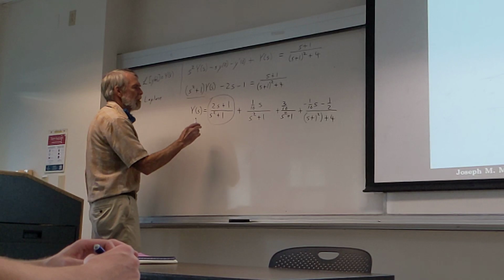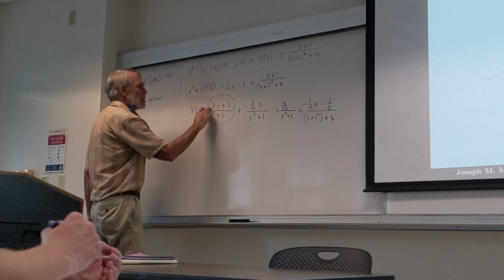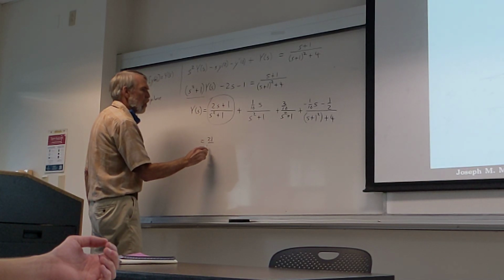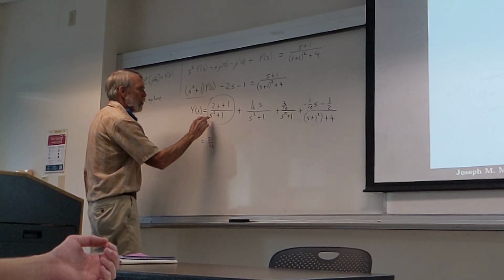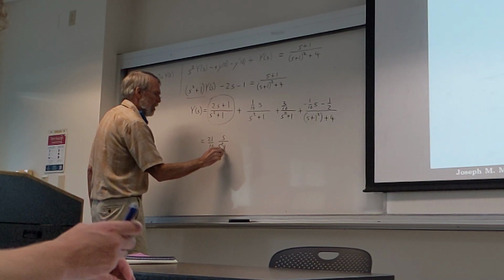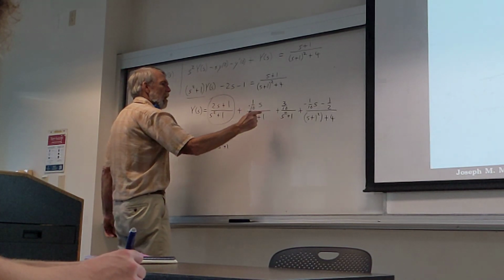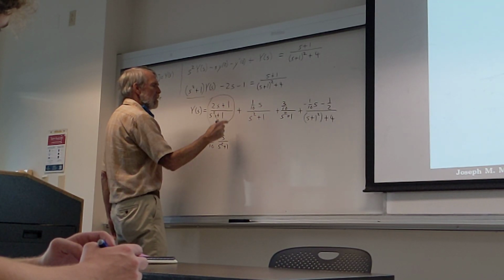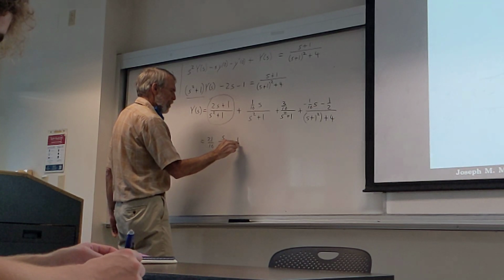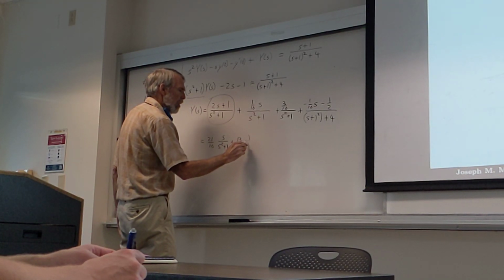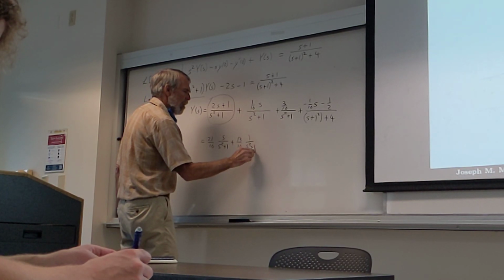So this could be written as 1/10 s over s squared plus 1, plus 13/10 times 1 over s squared plus 1.